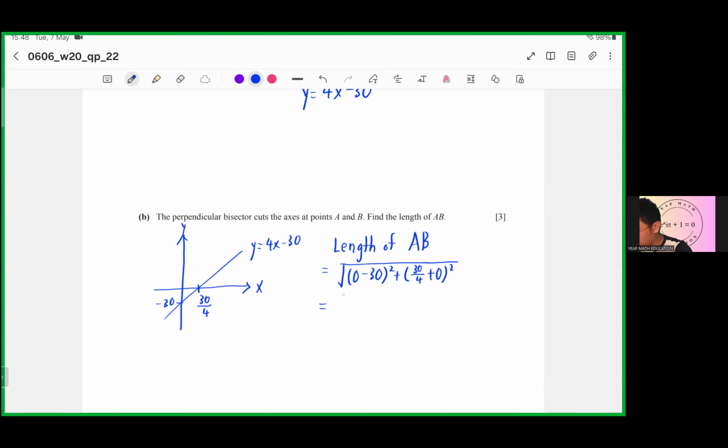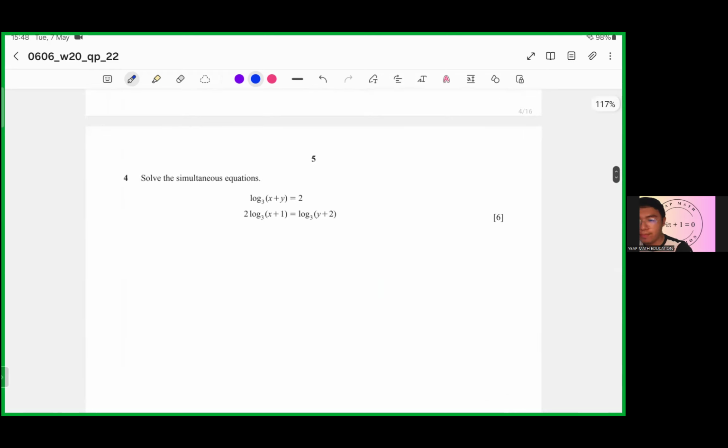After that, I got the answer, which is 13√17/4.